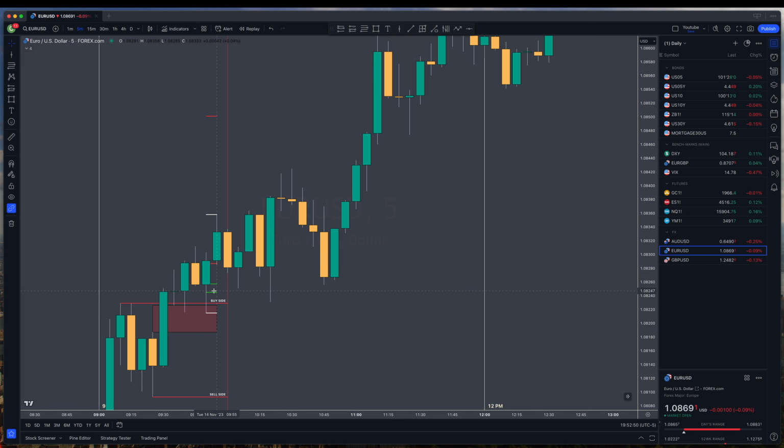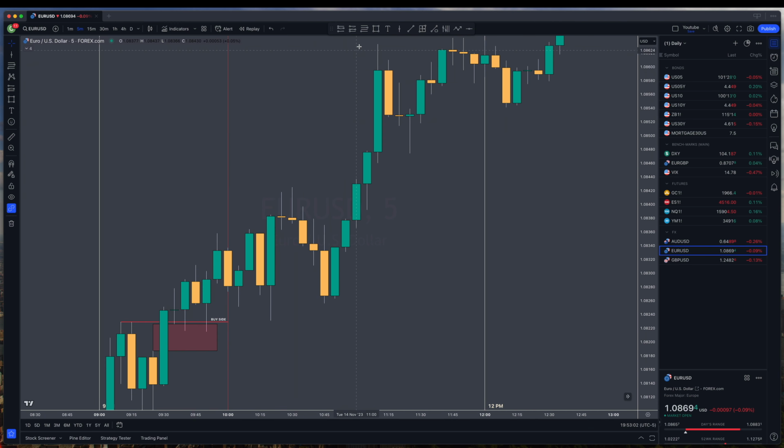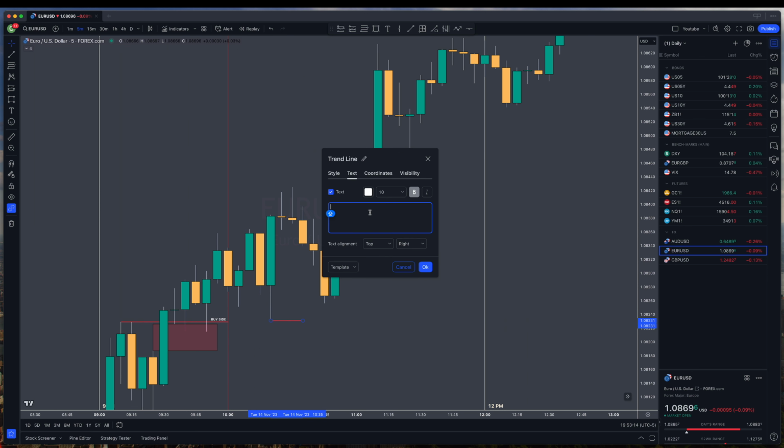Once price moves away and takes out the high of the range, we then pull back. Now what I'm going to be looking for next when it comes to this model is the low not being violated, right? So then we'd essentially be doing the same thing. Sell side is down here at the bottom, and then we get buy side up here at the top.